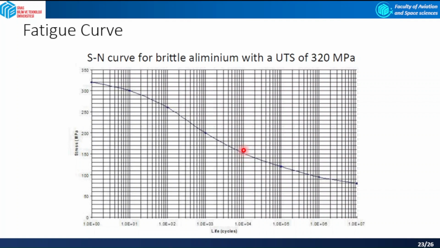So these patterns mirror the observations from the paperclip. As the number of repetitive loads increases, the maximum applicable load decreases. And this phenomenon again shows the importance of considering fatigue effects in materials subjected to cyclic loading, such as those experienced by aircraft components during the flight.